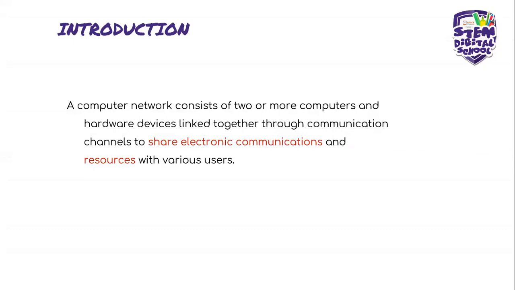We have our computers and there's one printer. We can all use that printer to print documents. That is a network, because three computers are connected to one device. They are sharing a device.